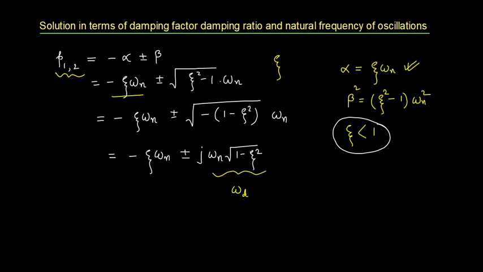Since zeta is less than 1 here, minus 1 is taken common, giving 1 minus zeta square times omega n. So this root of minus 1 appears as j, equal to root of minus 1, and the rest of the part can be written in this form, omega n times root of 1 minus zeta square, which is denoted by omega d, that is the damped frequency of oscillation.